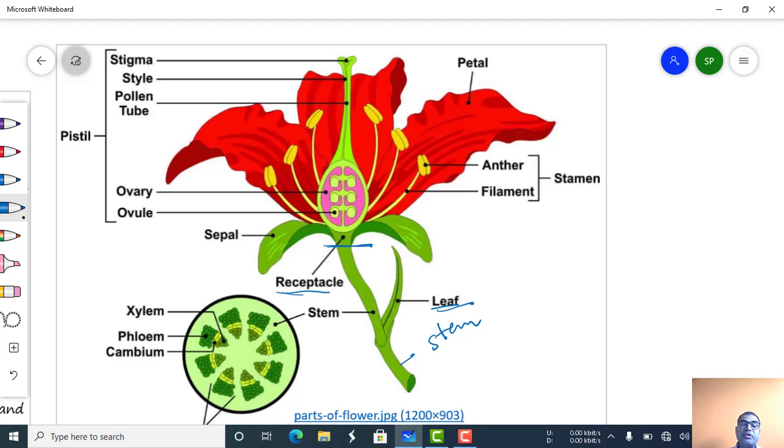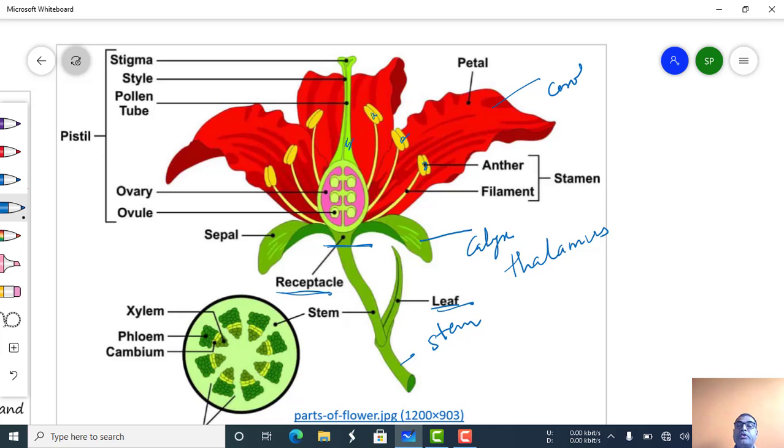The basal part is called the receptacle, or this receptacle is also called the thalamus. It shows 4 floral whorls. This is the first floral whorl, which is green in color. This is the second floral whorl, reddish in color. This is the third whorl, and the innermost is the fourth whorl. So the outermost floral whorl is called the calyx.